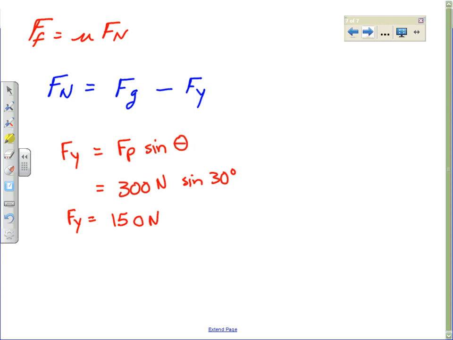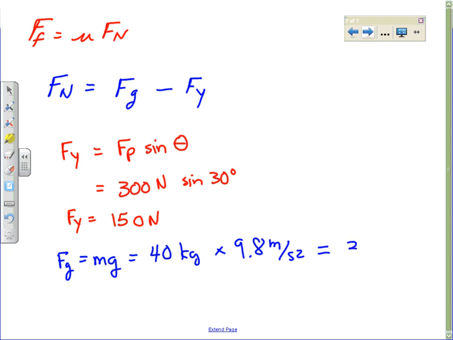So let's find Fg. Fg is its mass times gravity. So the mass was 40 kilograms, and g is 9.8 meters per second squared. And that is 392 newtons.